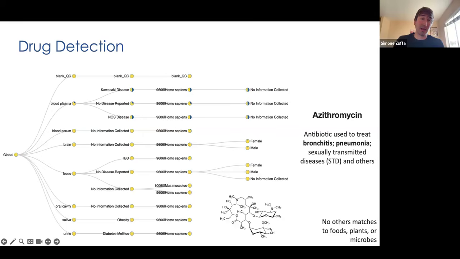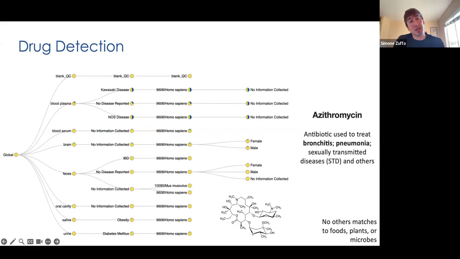Specifically, you can see that it is mainly found in blood samples, because azithromycin is usually given intravenously to patients. And you can see that half of the patients in a dataset looking at people with Kawasaki disease, a non-communicable disease that mainly affects kids, were receiving this antibiotic. This makes sense because these kids were hospitalized and treated.